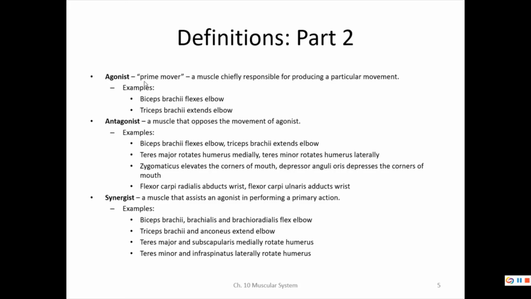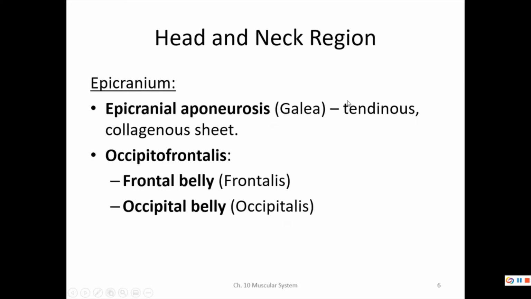Now, what we are going to start is the head neck region muscles. I always have words, diagrams, and I have models. We're going to start with the head neck region, looking at the muscles of the epicranium.